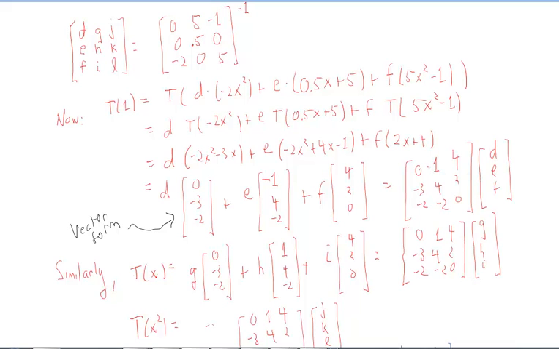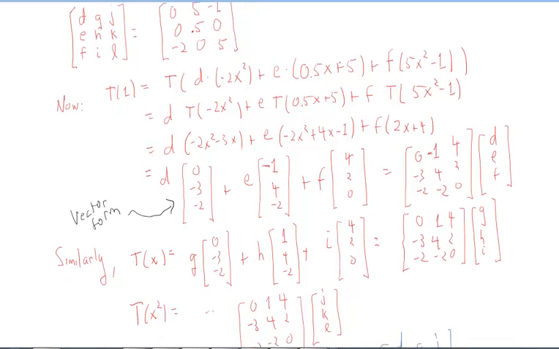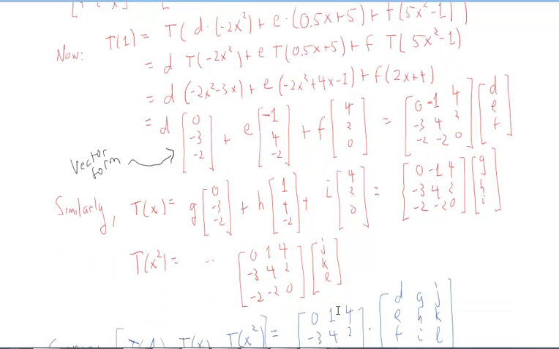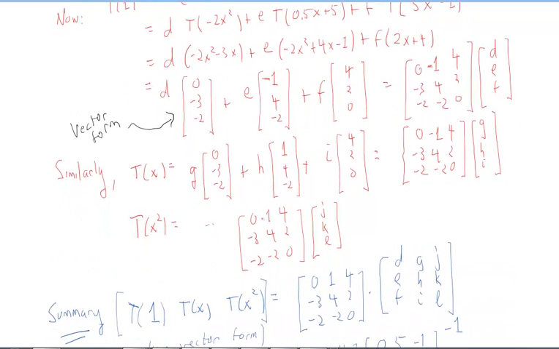And again, this is a minus 1 here. Now, if I try to do the same thing for T of x, instead of D, E, F, I have G, H, I, and that's the only difference between the two. So I get the same matrix multiplied this time by the vector G, H, I. Same with T of x squared. So this is also minus 1.